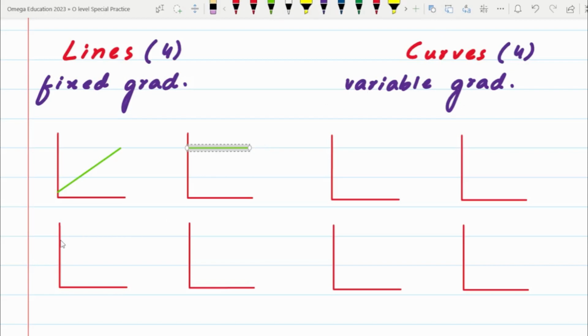A third line can be like this, which is once again a straight line, but it has negative gradient because the line is sliding downward. It is getting away from the positive y-axis. So it has negative gradient. It is an inclined line, but with the negative gradient. And then the last one is a vertical line.